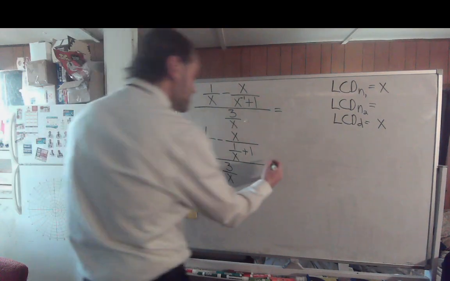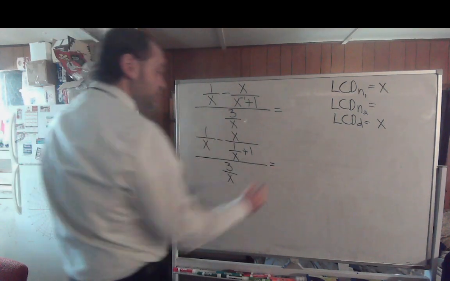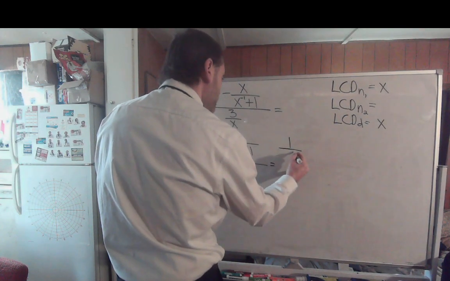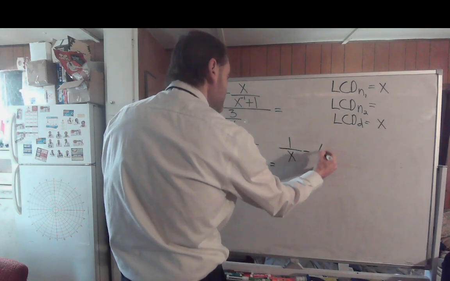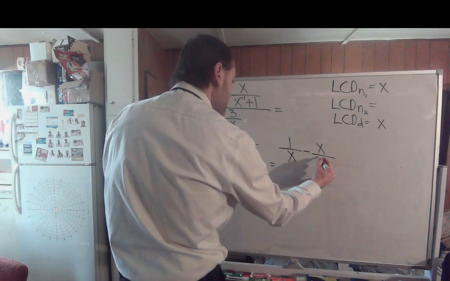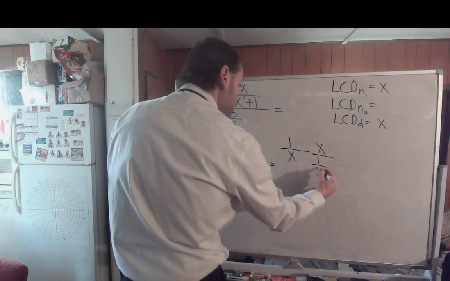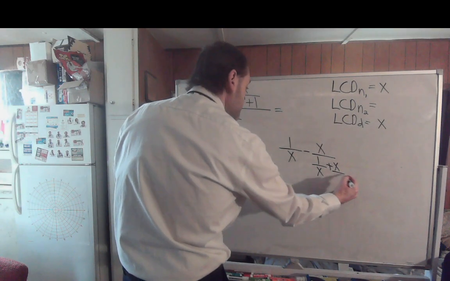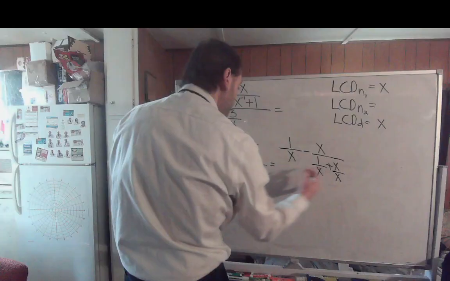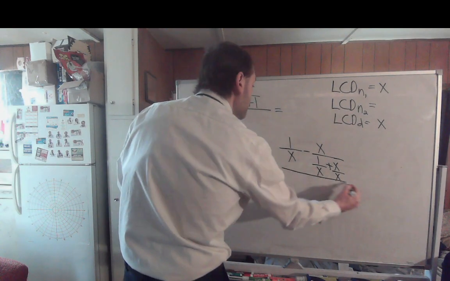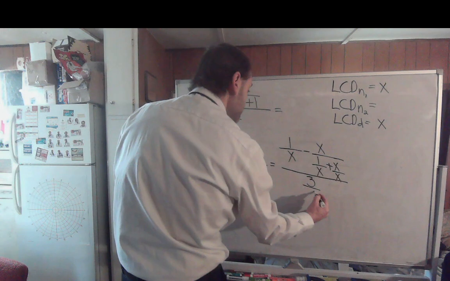So let's go ahead and start simplifying here. This would become 1 over x minus x all over 1 over x plus x over x, all that divided by 3 over x.